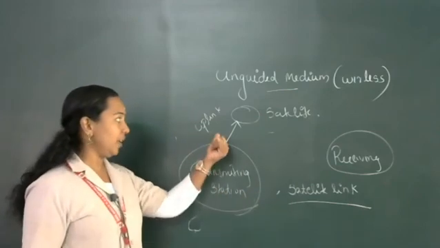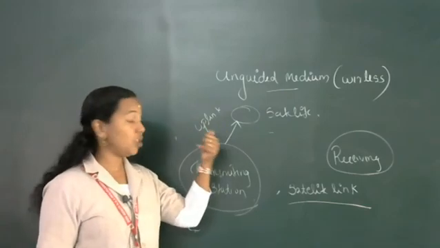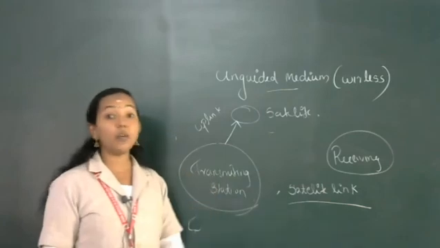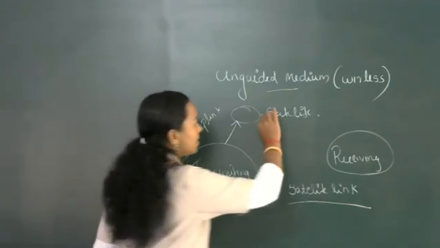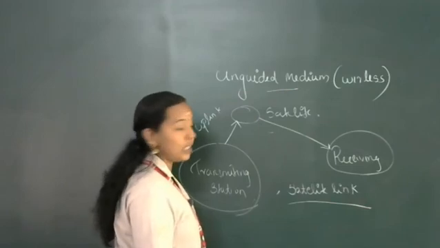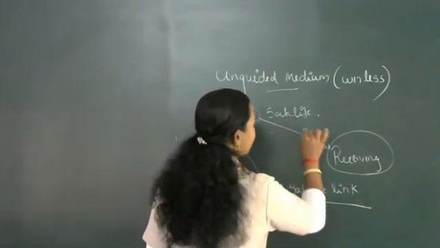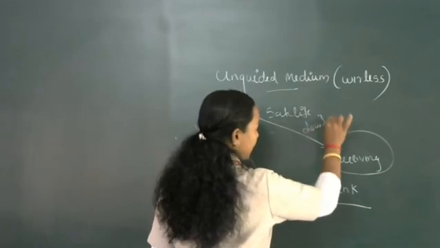So if for uplink frequency we are using 6 gigahertz, then for downlink, through the satellite we can transfer data to any receiving station. That is known as downlink frequency.